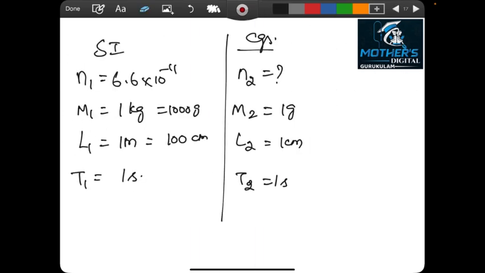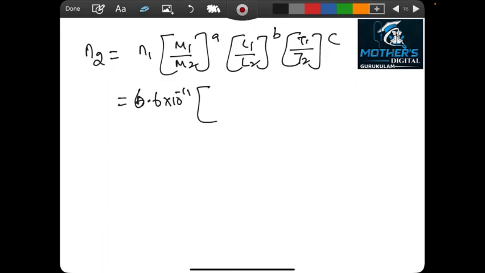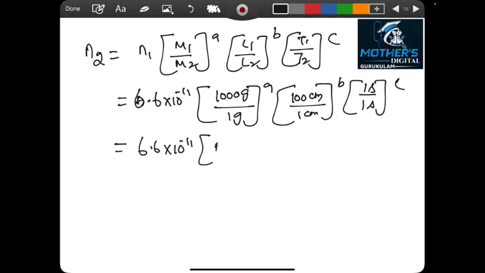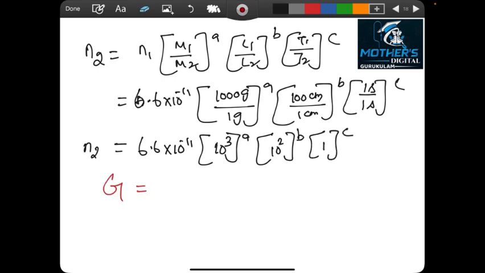M1 here is in terms of SI unit, so 1 kilogram, which can be written as 1000 gram, by 1 gram whole power A. Here it is 100 centimeter by 1 centimeter whole power B. As usual, 1 second by 1 second whole power C. So 6.6 into 10 power minus 11, 10 power 3 the whole power A, 10 power 2 the whole power B, 1 the whole power C. To find A, B, C, I'll compare with the dimensional formula for G, which is M power minus 1 L cube T power minus 2.